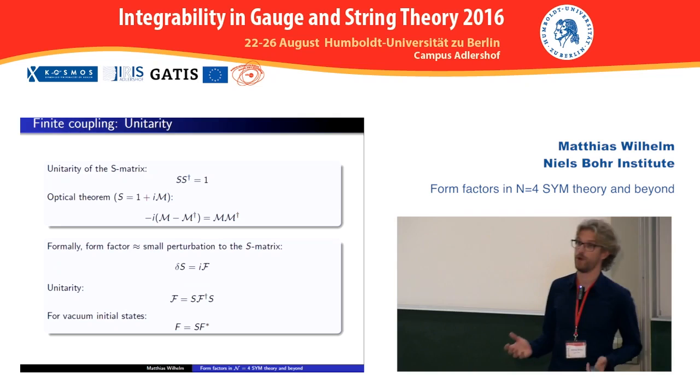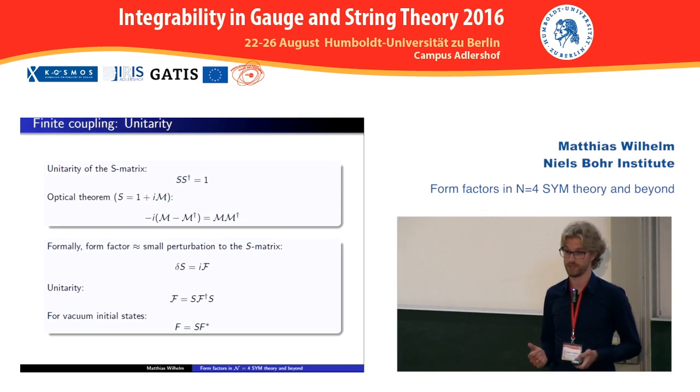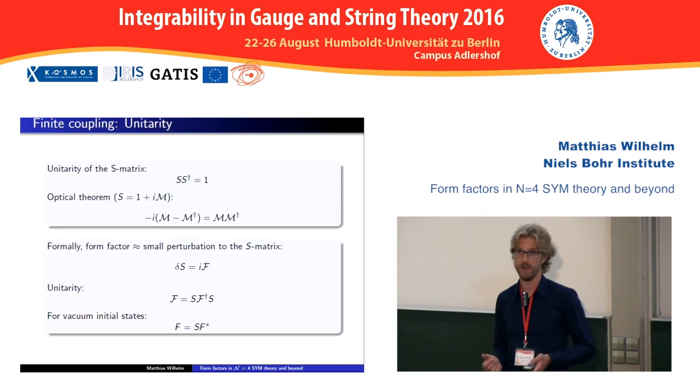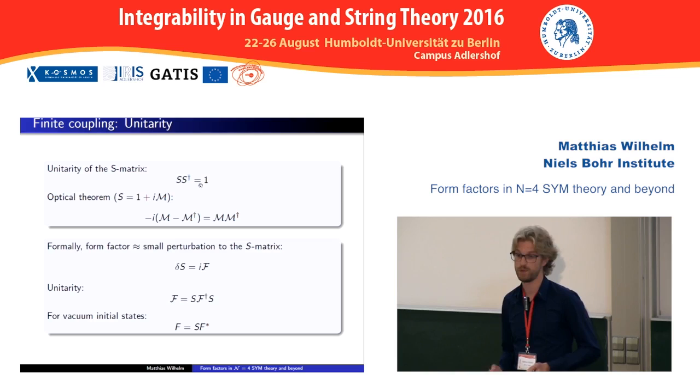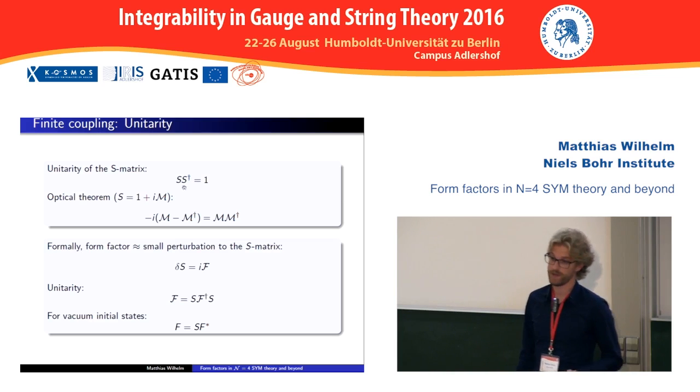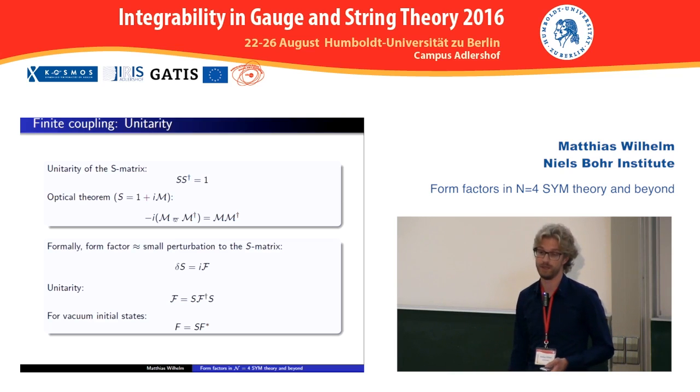The second important ingredient in our considerations is unitarity. For the S matrix, unitarity tells us that S dagger S is equal to 1. Or writing the S matrix as 1 plus iM, we find that the discontinuity of M is related to M dagger.